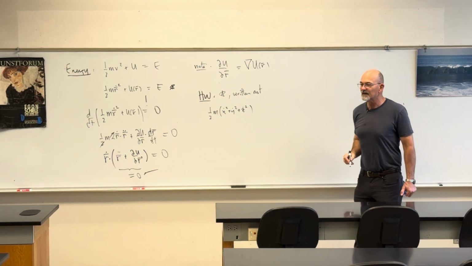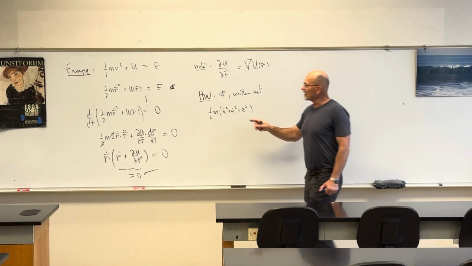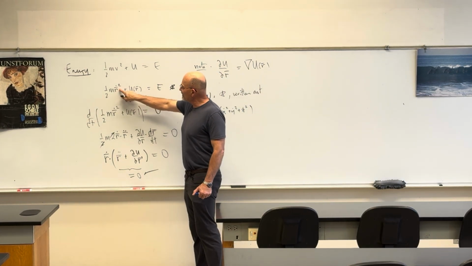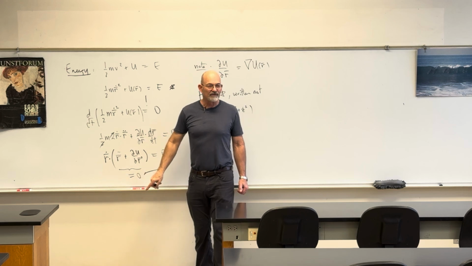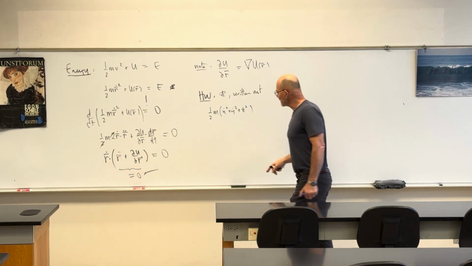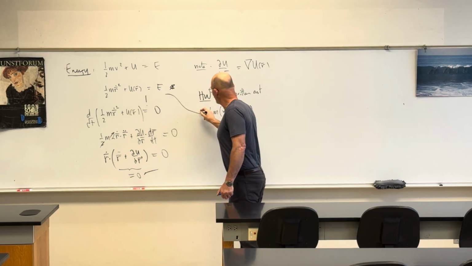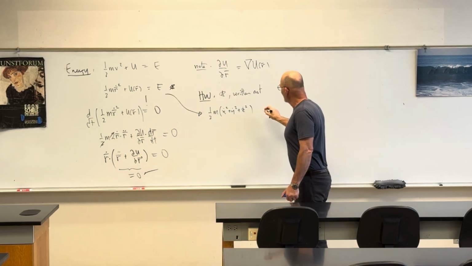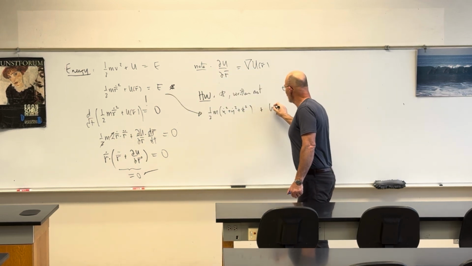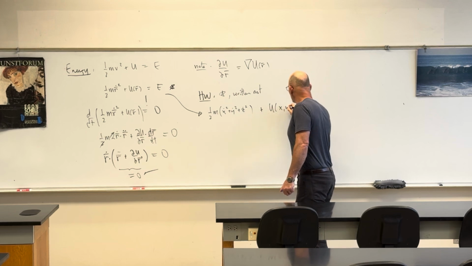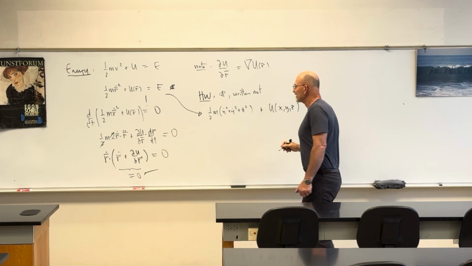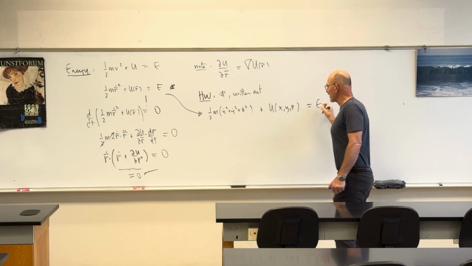You guys see that? As a dot, the square of a vector is a dot product with itself, right? And it's a velocity vector, so that's the first thing to make sure. And then we would have u of x, y, and z equals E. So that's the first step.